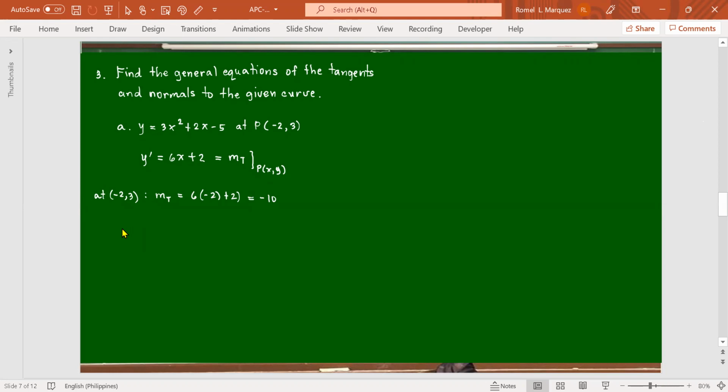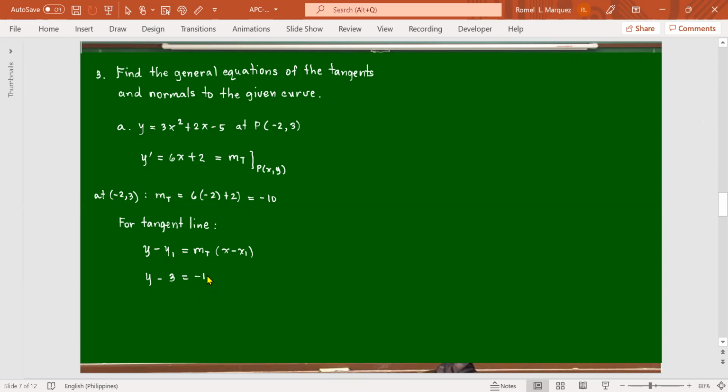Or what is the equation of the tangent line? Guys, we can now get the equation of the tangent line. So for tangent line, y minus y1 equals m of tangent times x minus x sub 1. Y minus, what is our y1? 3. M of the tangent line at the point (-2, 3) is negative 10.